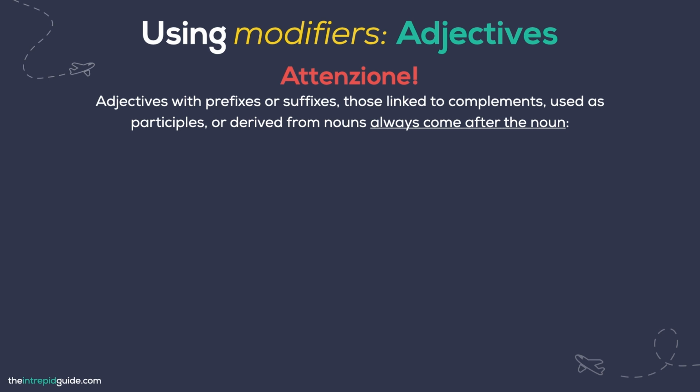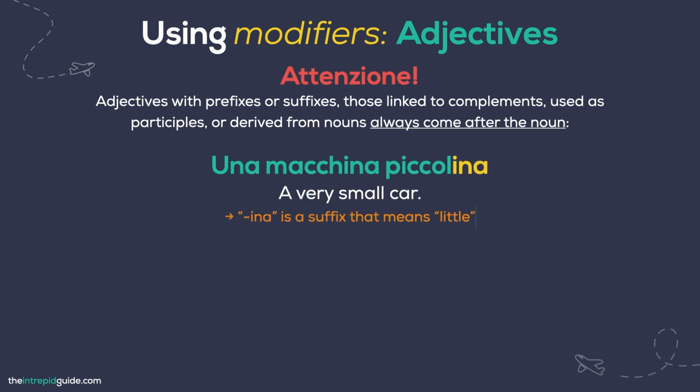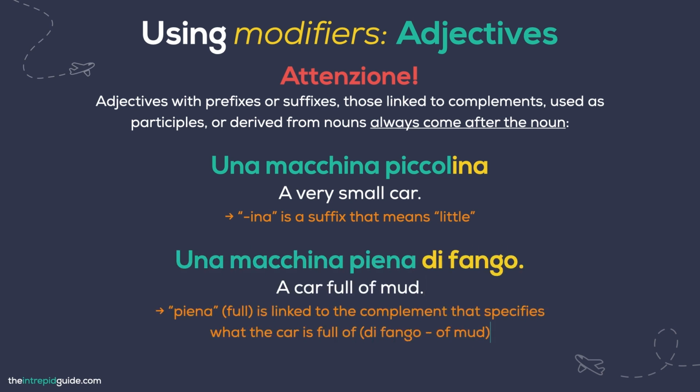come after the noun. For example, una macchina piccolina, a very small car. Ina is a suffix that means little. Una macchina piena di fango, The car is full of mud. Piena, meaning full, is linked to the complement that specifies what the car is full of, di fango, of mud.